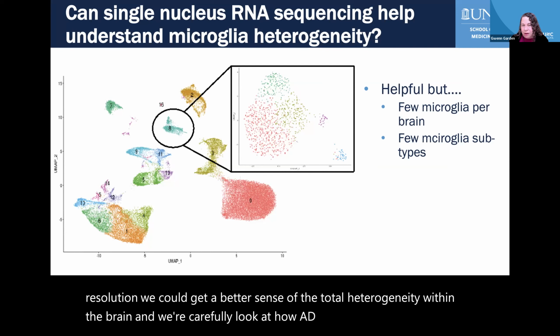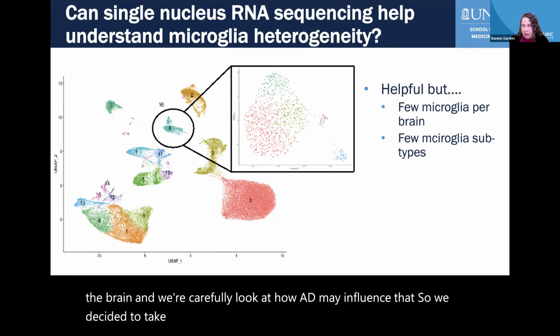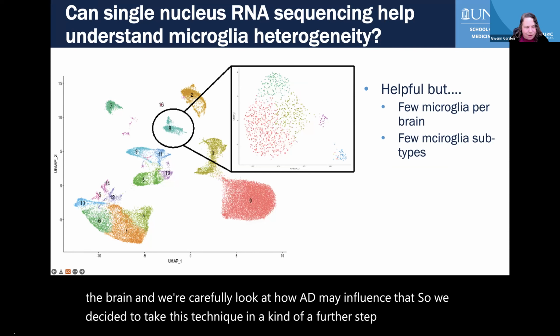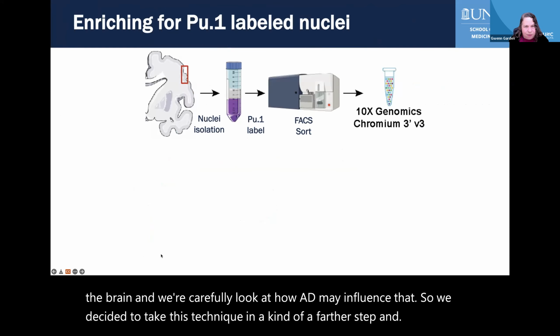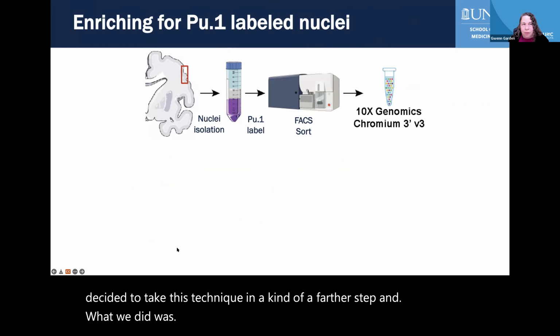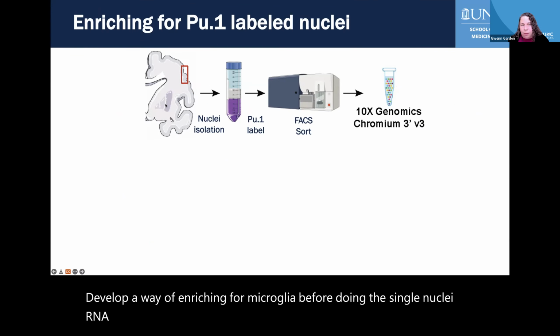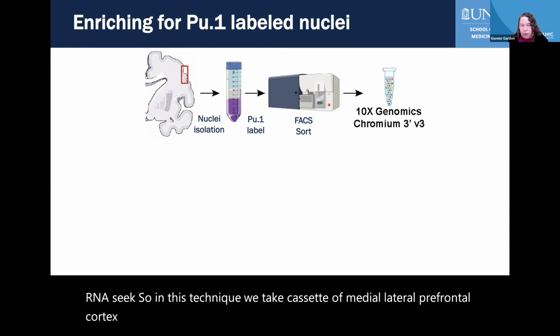So we decided to take this technique a farther step. And what we did was develop a way of enriching for microglia before doing the single nuclei RNA-seq. In this technique, we take a cassette of medial lateral prefrontal cortex, and we do several punches through that cassette of gray matter.